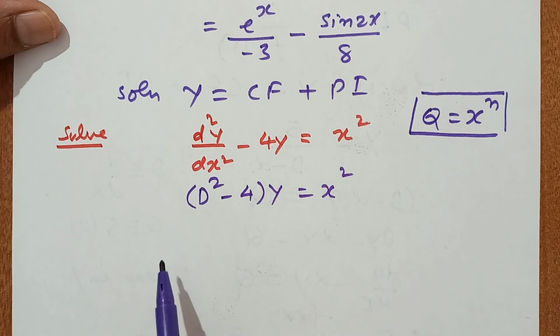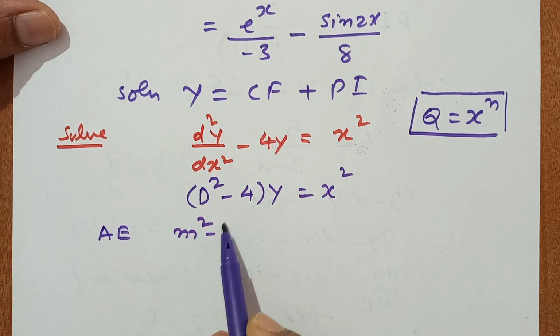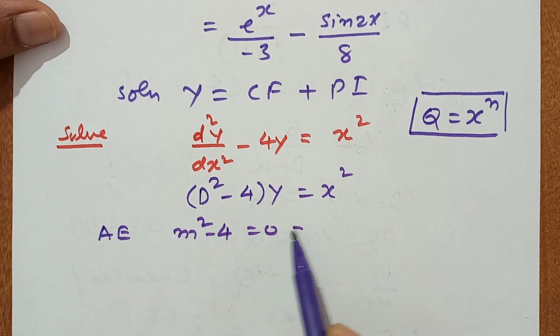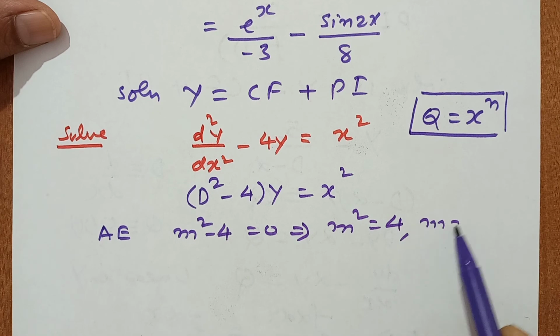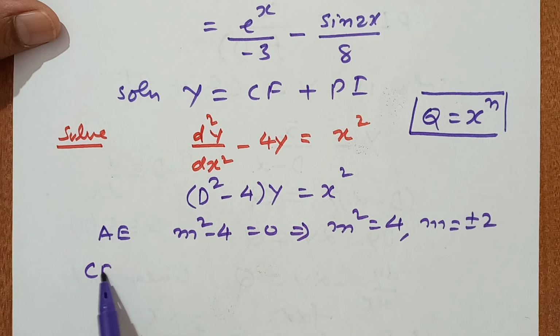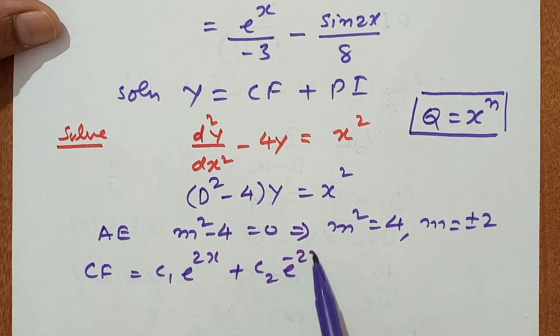So first we calculate the auxiliary equation. So m square minus 4 equal to 0 implies m square is equal to 4. So m is equal to plus minus 2. So the complementary function is c1 e to the power 2x plus c2 e to the power minus 2x, which is very easy. Now our aim is to calculate the particular integral.